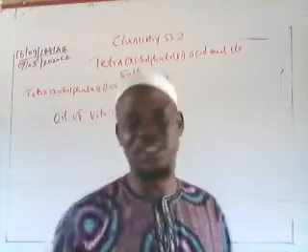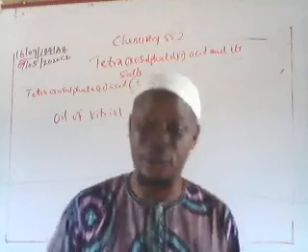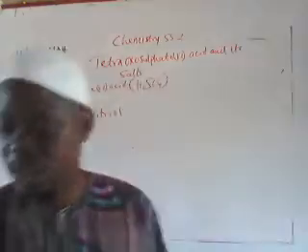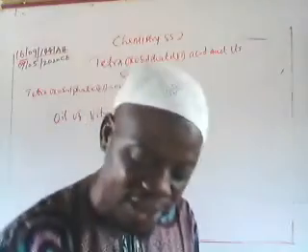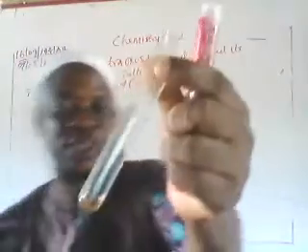The only thing that you have to note is this: tetraoxosulphate acid will exhibit its acidic nature when it is in dilute form. Look at the dilute form of tetraoxosulphate acid here. Compare it with the concentrated form. You can see the difference. This looks oily and it's viscous.